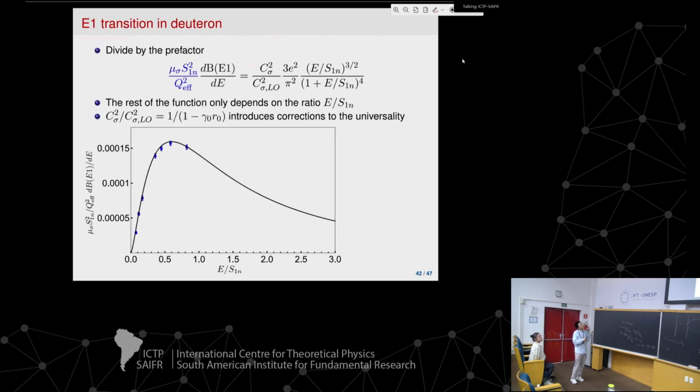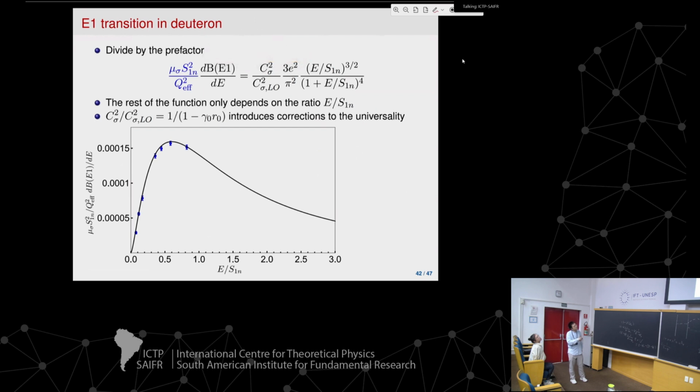So we can use this to calculate the E1 transition for deuterons, and this shows these scaling behaviors. As we mentioned, the additional prefactors give you some system-dependent parts, and if you multiply this to your dBdE, you have universal functions.